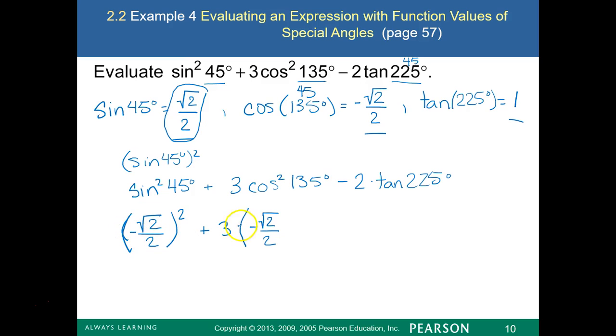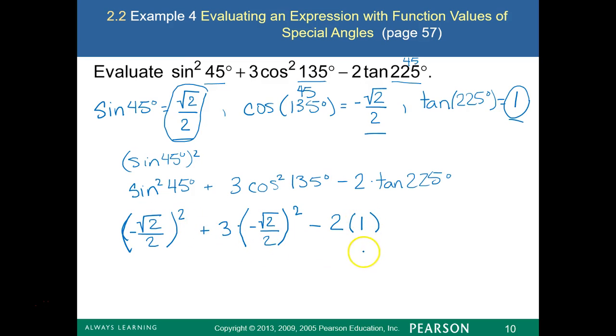This is supposed to be negative 2. And then square it. Subtract 2 times the tangent of 225. Plug in this value for tangent of 225, and you've got 1.